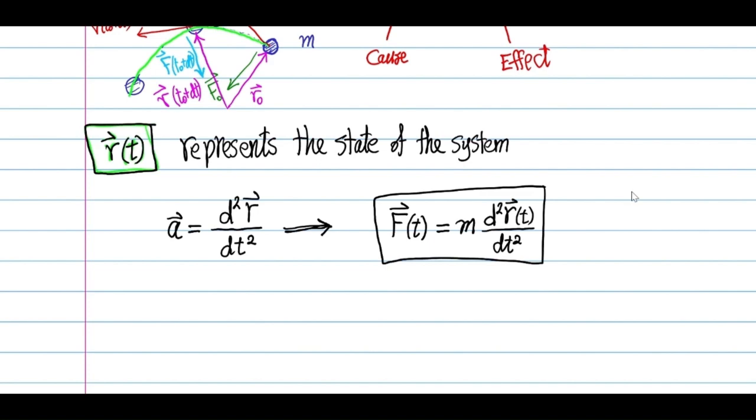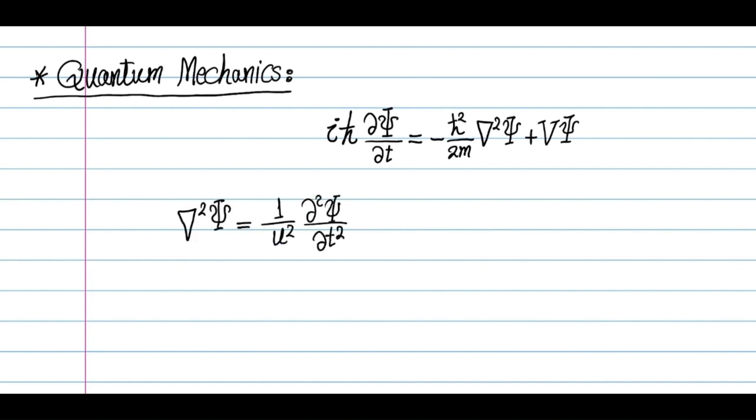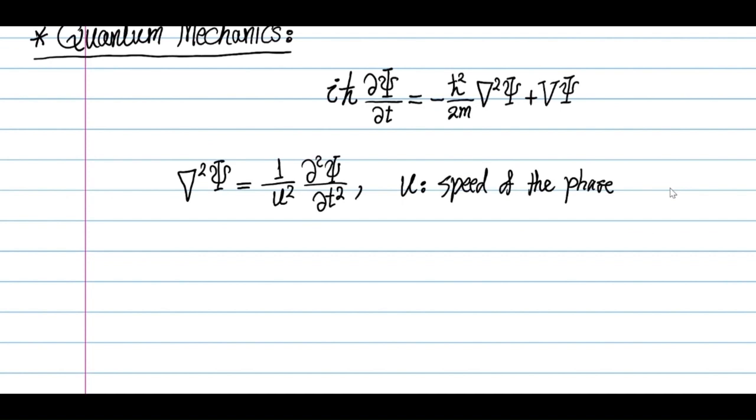In quantum mechanics, we have the Schrödinger equation as the main equation. Although it doesn't look like one, it is a wave equation, and we will see later that we can derive it from a standard wave equation. u here is the speed of the phase, not the speed of the particle, which will be an important distinction we will make later on. So Schrödinger's equation really describes the propagation of a wave with phase speed u.